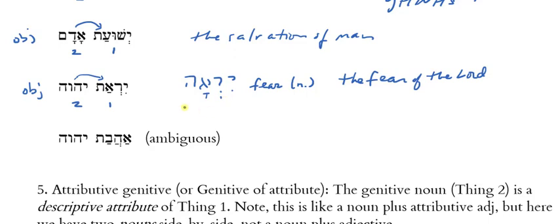Now over here, this last example is Ahavat Adonai, and the word Ahava, this is how it's spelled in the absolute, is the word love. So, how would I translate this as a construct chain?